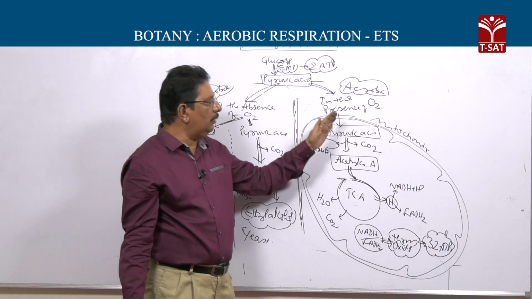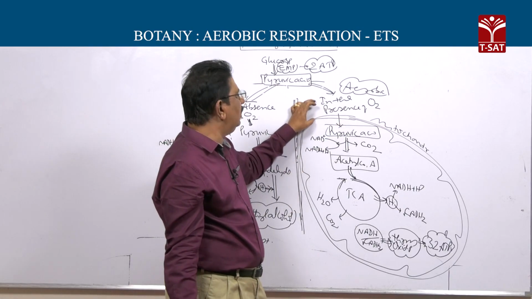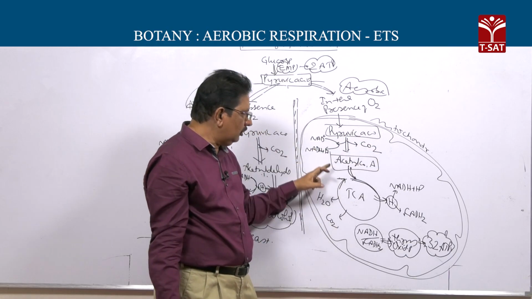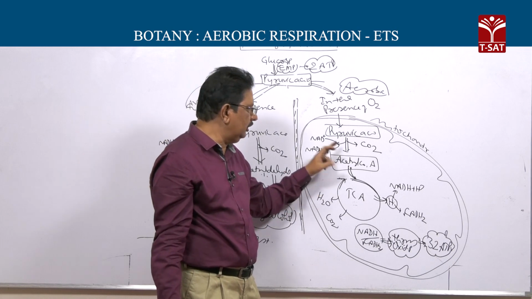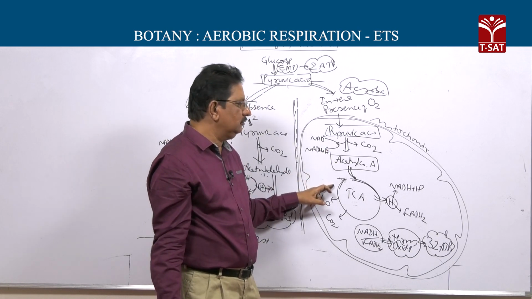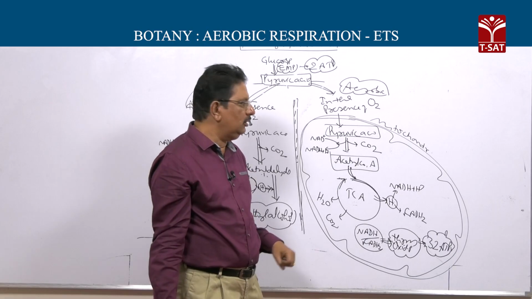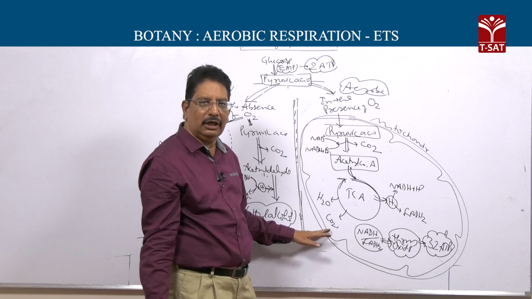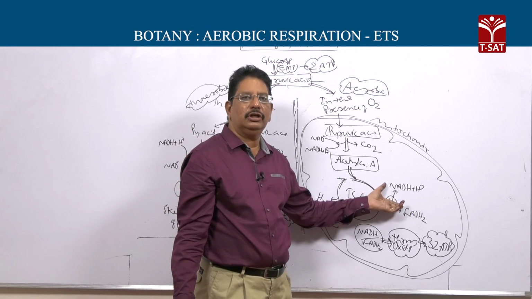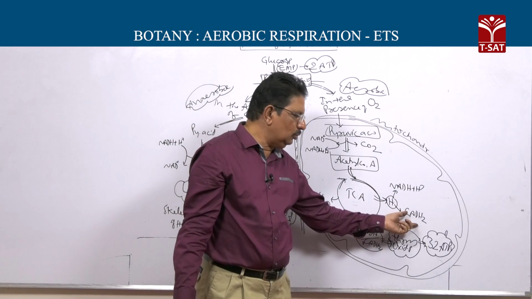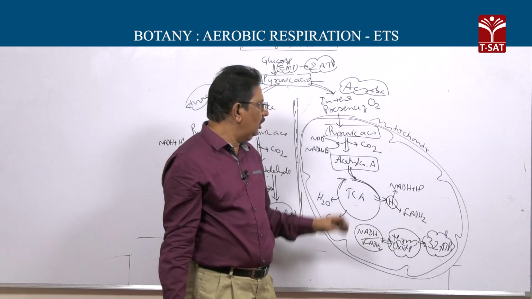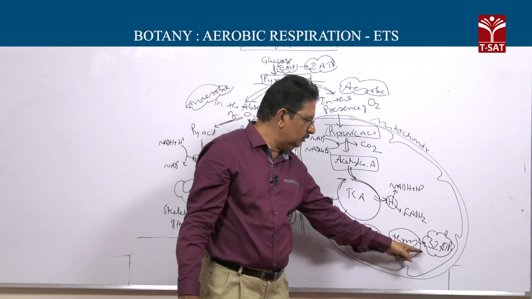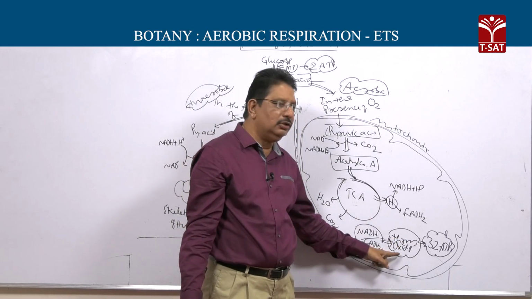But coming to the presence of oxygen, the pyruvic acid moves into mitochondria, converts into acetyl coenzyme A through the link reaction, and then participates in the TCA cycle, where it is completely oxidized and decarboxylated into water and carbon dioxide, and a good amount of NADH and FADH2 is formed. All these NADH and FADH2 formed in mitochondria undergo oxidation through ETS.